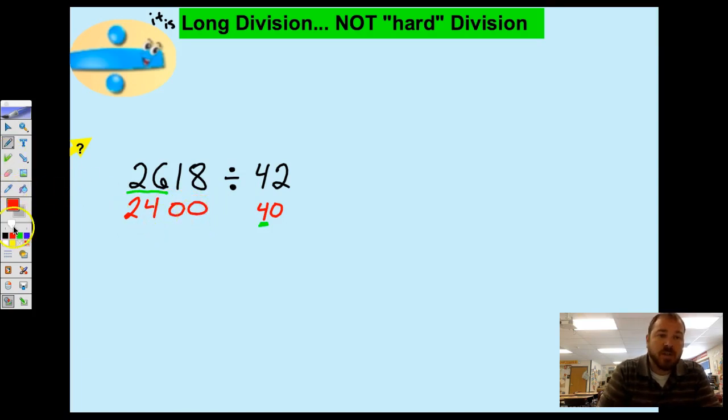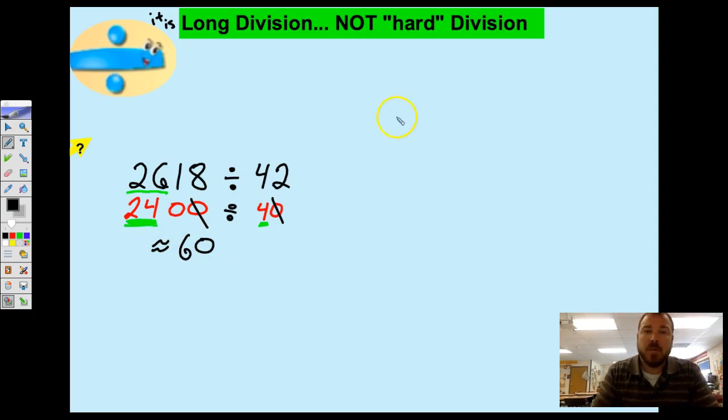Okay? Now we see that we have our compatible numbers, 24 and 4. And we can go ahead and cancel out a 0 and cancel out a 0 because we are dividing. And 24 divided by 4 is 6. Tack on a 0. Our estimate is 60.